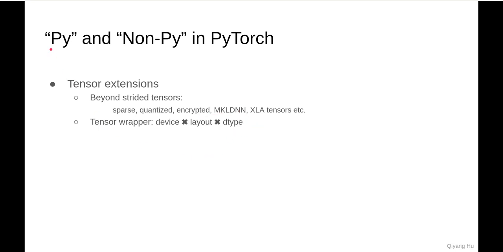Actually, as shown in the title of these slides, we should keep in mind that PyTorch has this PY part and the non-PY part together. All the above we talked about belongs to the Python part, the PY, and the Python work is usually for the purpose of gluing and wrapping the different pieces.